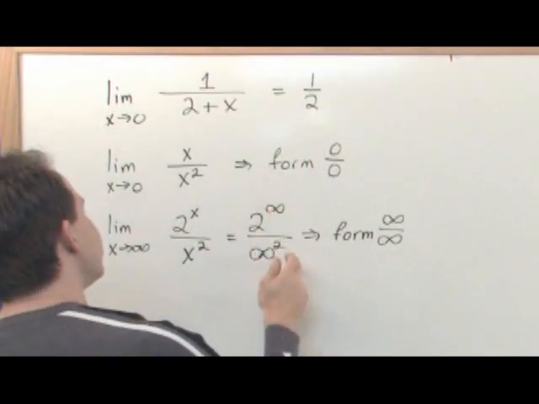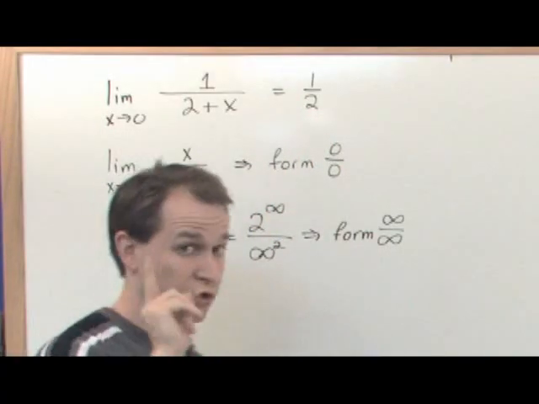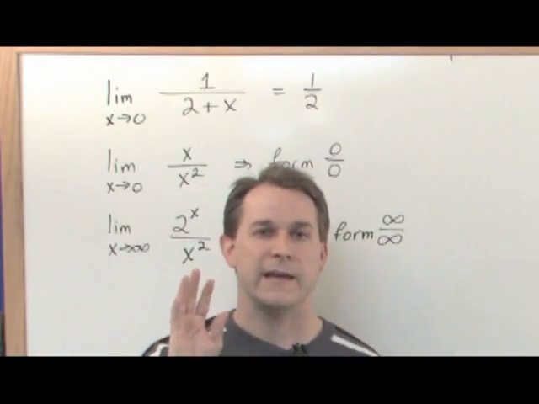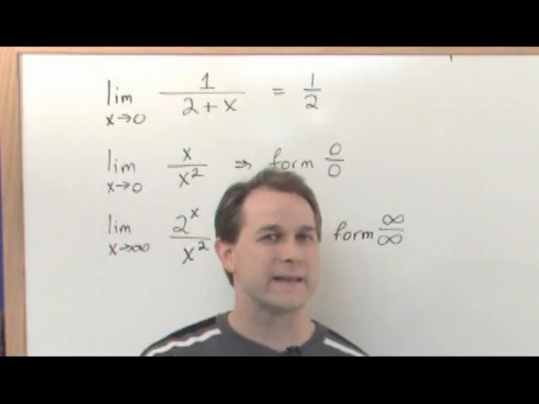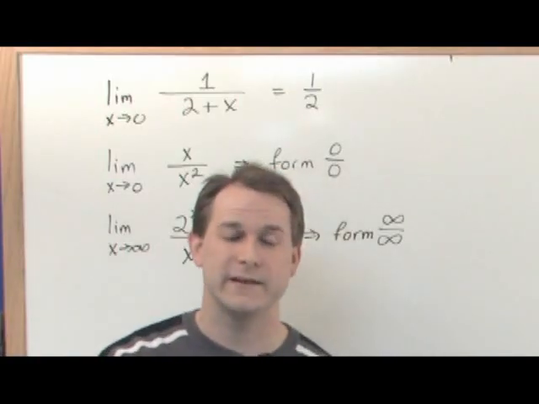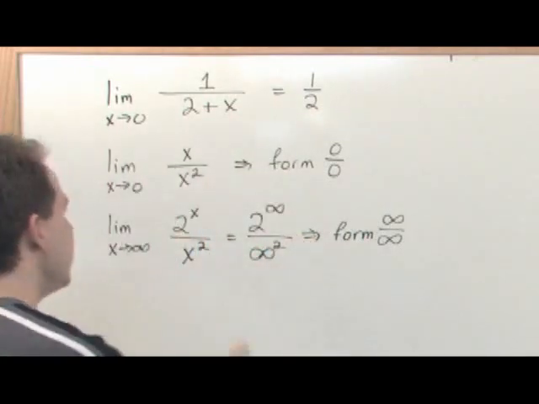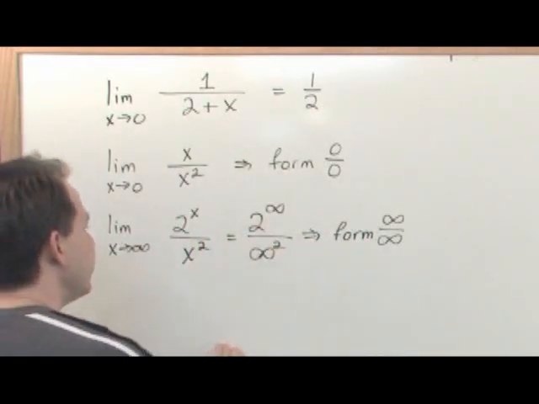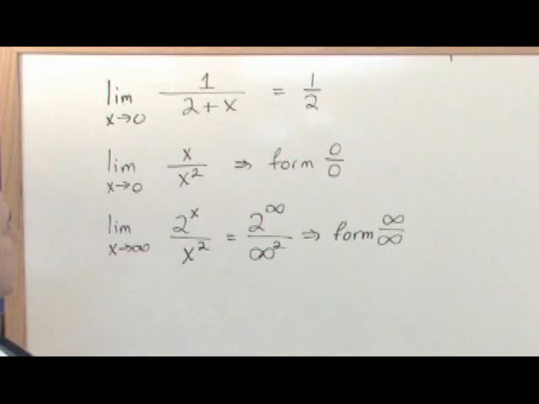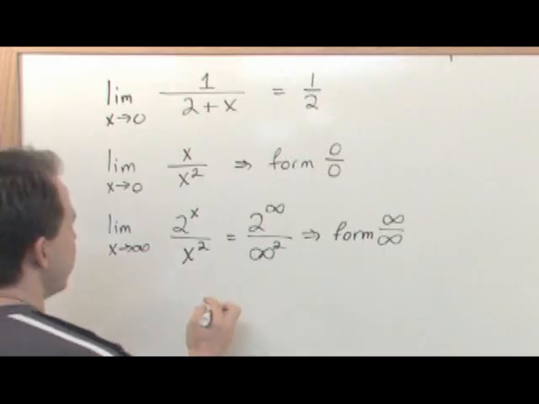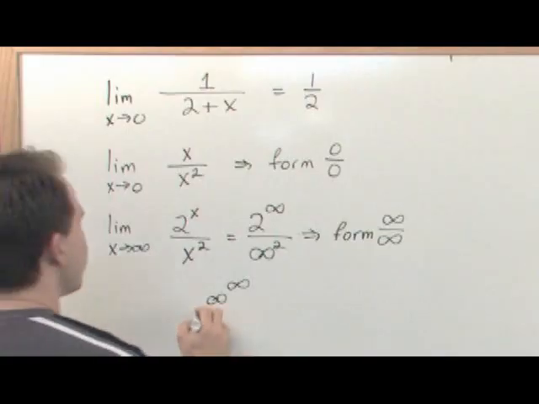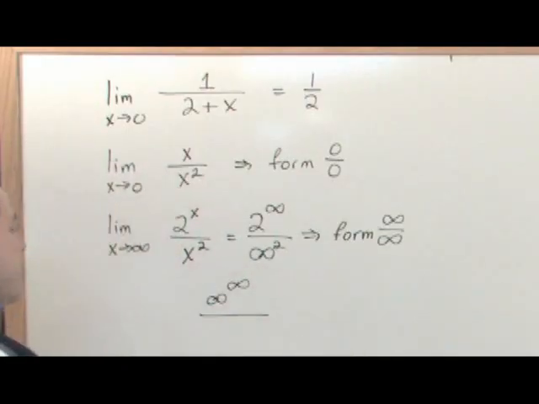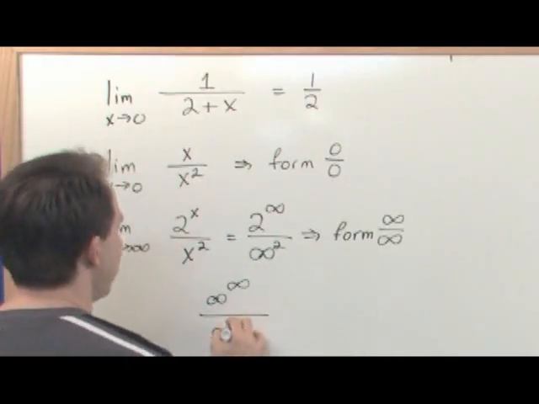But these are different functions. So, and this is crucial, listen to this. Even though the top approaches infinity and the bottom also approaches infinity, that doesn't mean that they approach infinity at the same rates, you see. One of these functions could approach infinity much, much faster than the other one. For instance, infinity to the infinity power is going to approach infinity a whole lot faster than infinity squared, right?